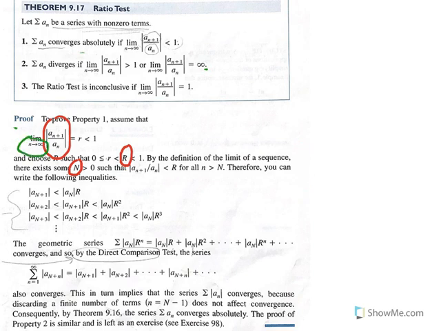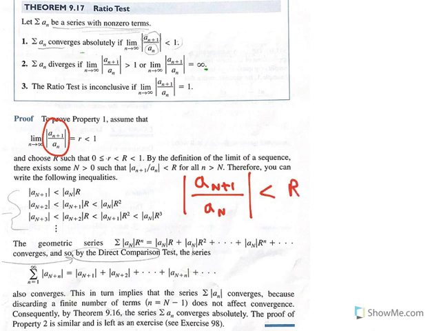So what that means is we will have the absolute value of a sub n plus 1 over a sub n, and that's going to be less than uppercase R.